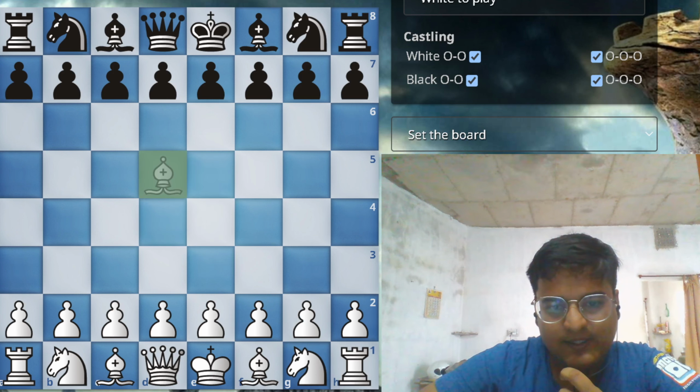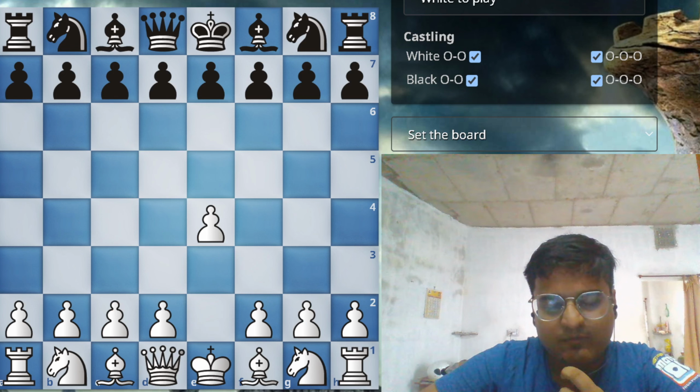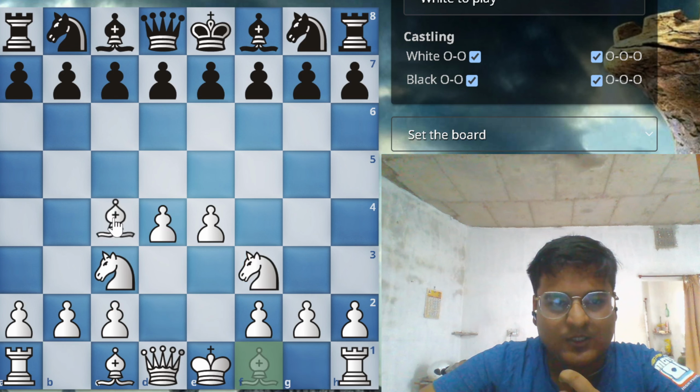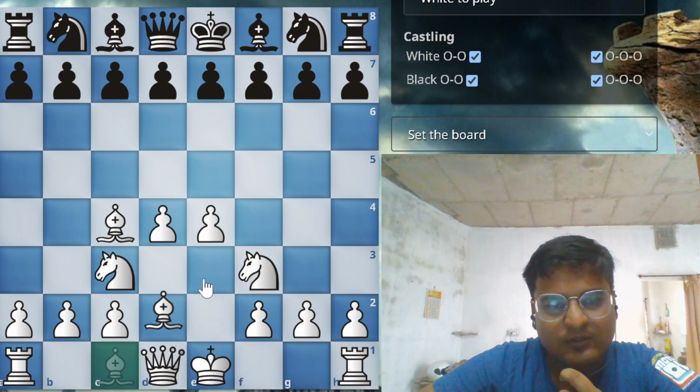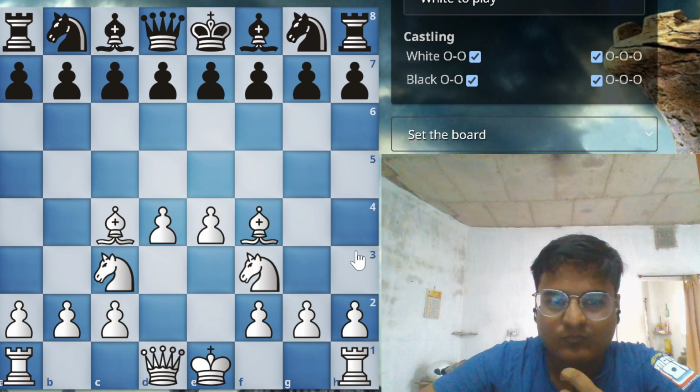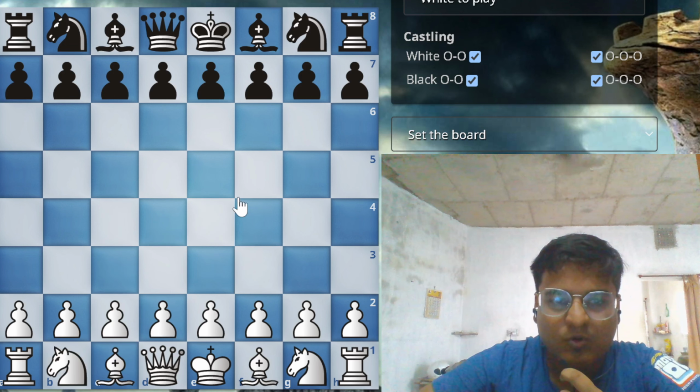What I mean is that we first have to move these minor pieces onto the board. So let's say I move this. So this is the basic position of chess. What we have to do is capture these four blocks. We have to capture the center.